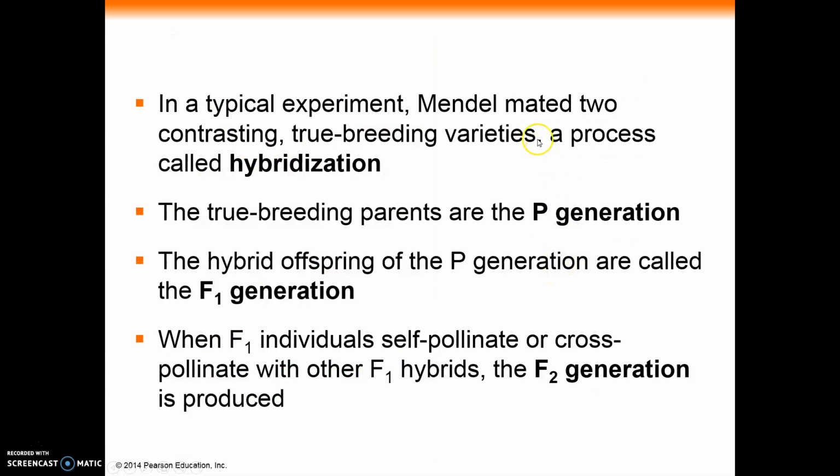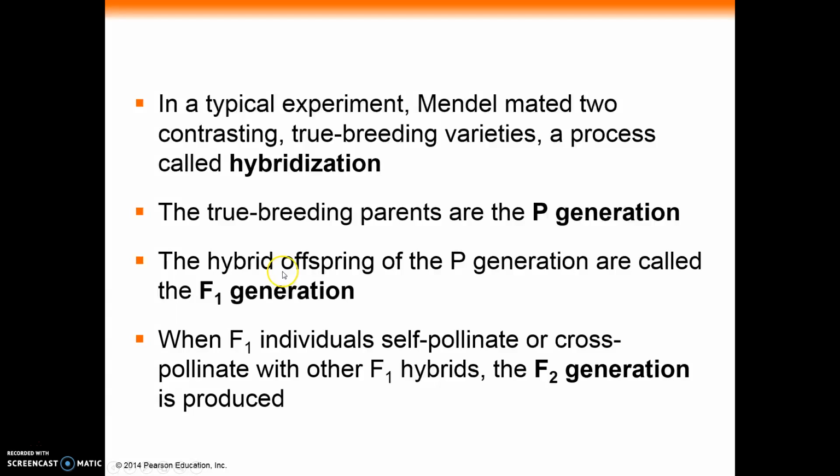All right, so a typical experiment is something that involves taking two true breeding varieties and doing a cross-pollination procedure called hybridization. So he would create a hybrid of two true breeding varieties. Those true breeding varieties are referred to as the P generation or the parental generation.